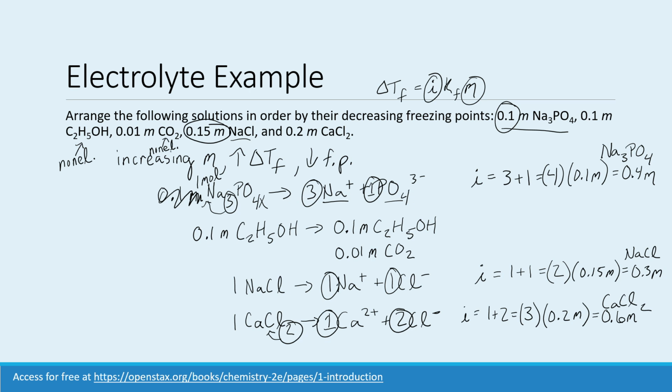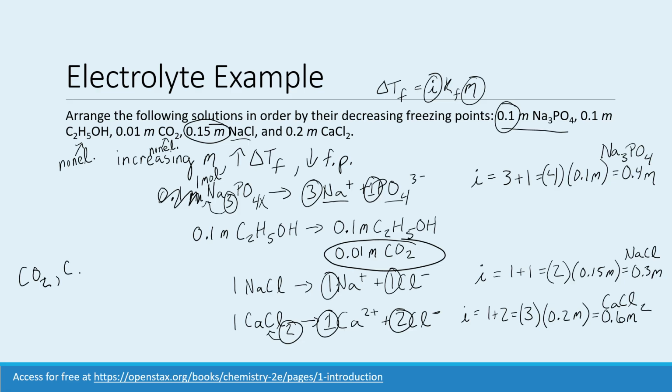Okay, so now I just basically organize them in terms of increasing molality based on the ions. So the smallest, I believe, should be our carbon dioxide. So I'm just going to list them based on the substance. Carbon dioxide will have the highest freezing point.